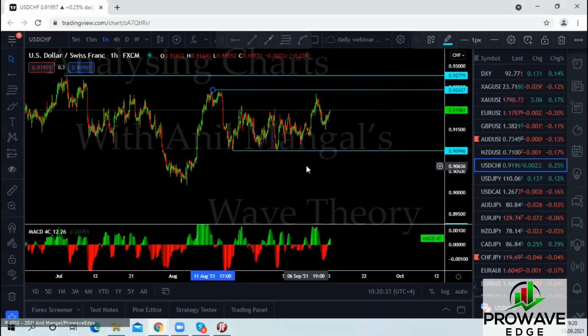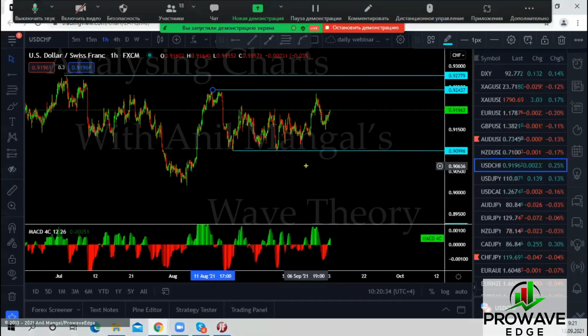Now, if there is a series of contracting flats, this is where I left off, I think, last week in our group, but not for the general public. If we go with a series of contracting flats, which is one contracting flat here, and another in there, if we go with those two contracting flats, then this would just break that top and then come back.